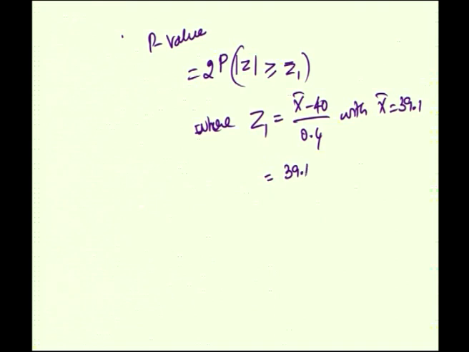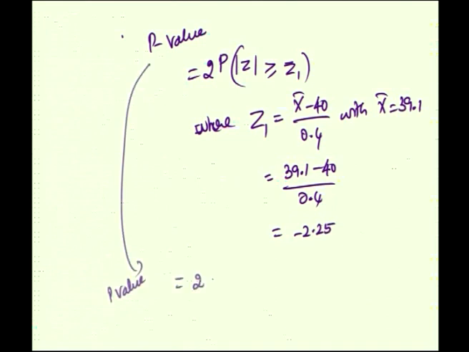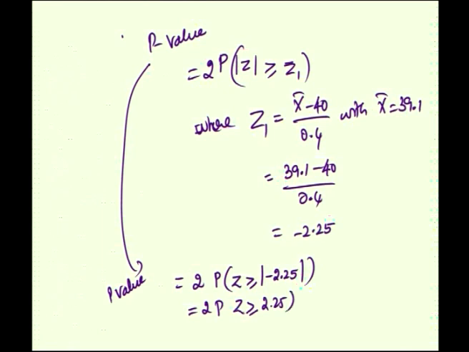So, 39.1 minus 40 by 0.4 is equal to minus 2.25. So, the p value is 2 times P of Z greater than or equal to modulus of minus 2.25, which is 2 times P of Z greater than or equal to 2.25.